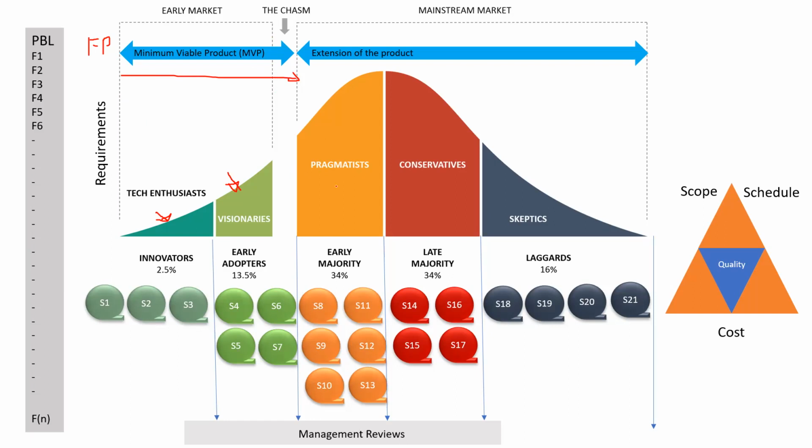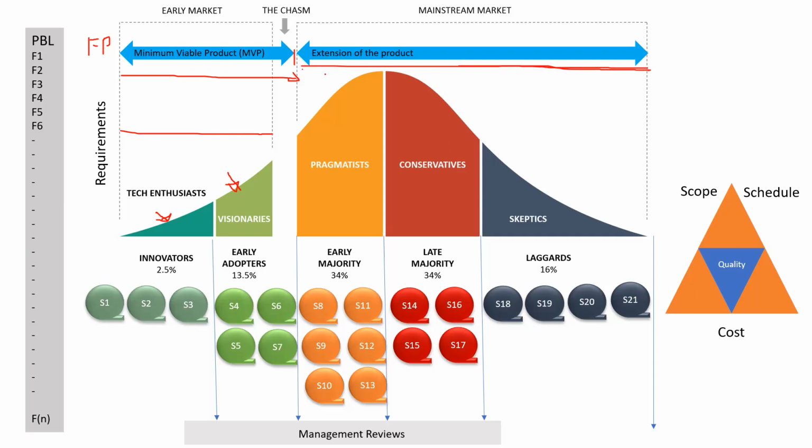From here on, we know that the product is going to be successful because we have around 15% of the potential users working on it. Now we are looking for the early majority, so we extend the product further. In this phase, we can even try fixed price or cost reimbursable with an upper ceiling, which is ideal during this phase.